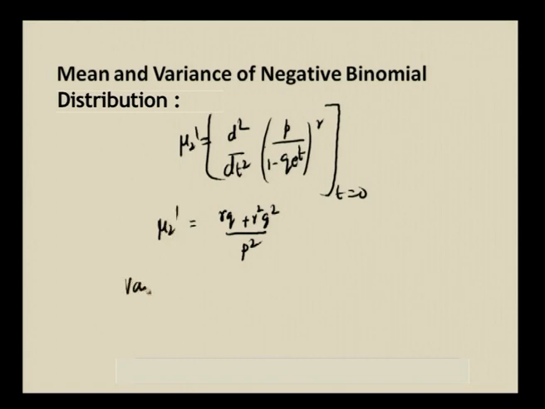So, what about variance? Variance is mu 2, which is mu 2 dash minus mu 1 dash square. So, r q plus r square q square by p square minus mu 1 dash, which is r q by p, whole square.